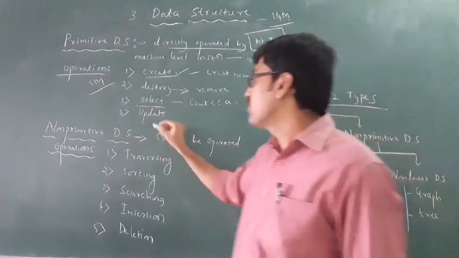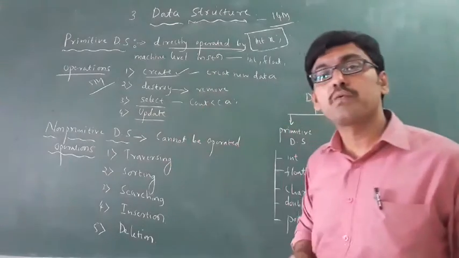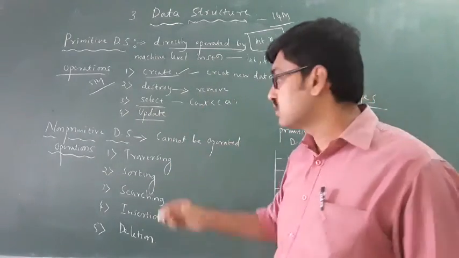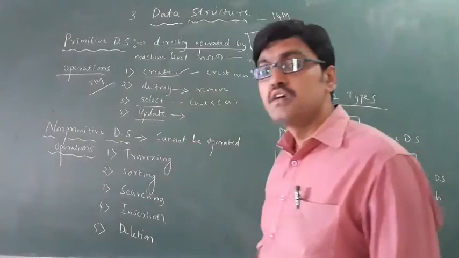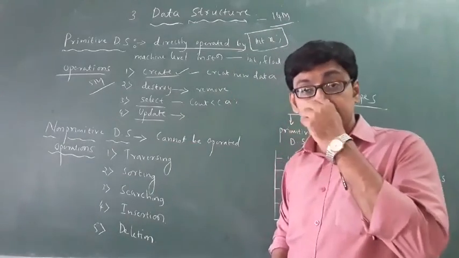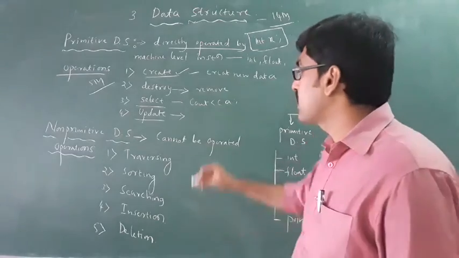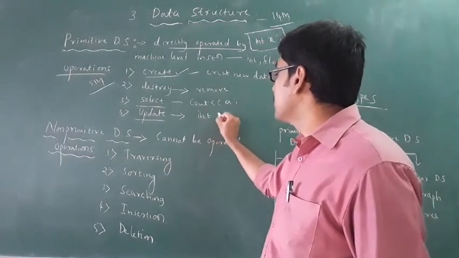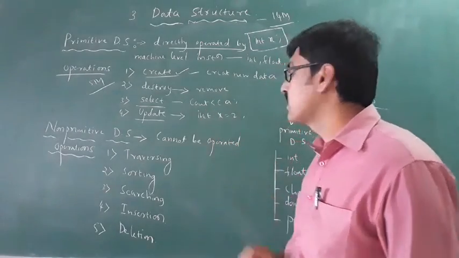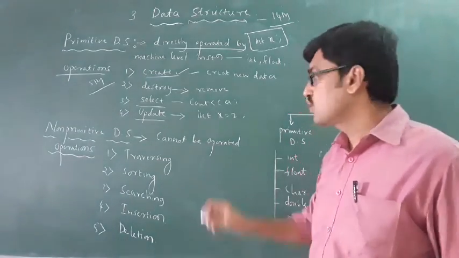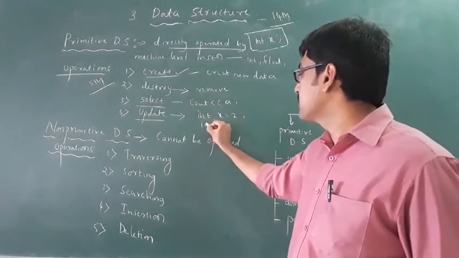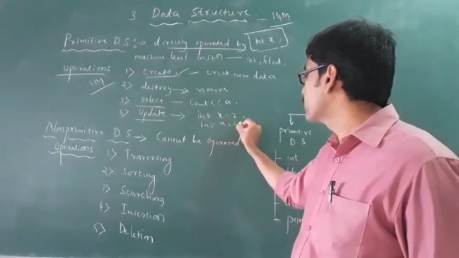Then the fourth one is update. The update operation is used to update the data in the data structure. How to update the data in the data structure? For example, I write int x equal to 2. I want to update this number 2, so next time I write int x equal to 4.